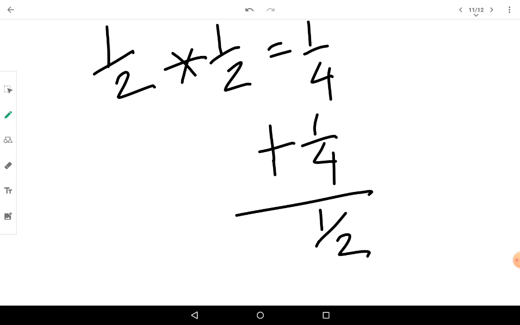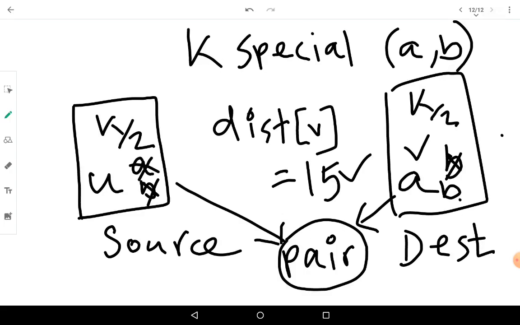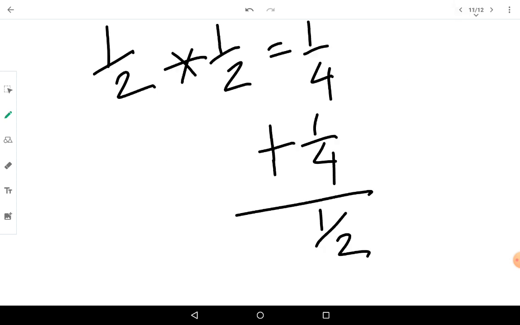Whenever both of the nodes in the best pair, which is A and B here, are in the same set, we get a wrong answer. We do not want this to happen. So there's a 50% chance that we'll get a wrong answer, which is of course not good enough.